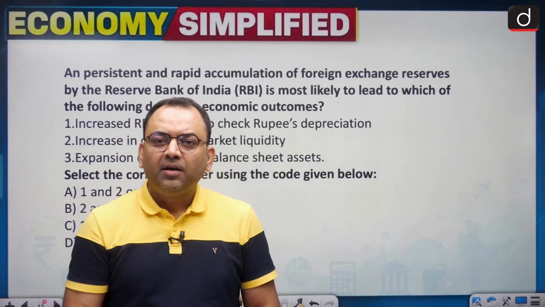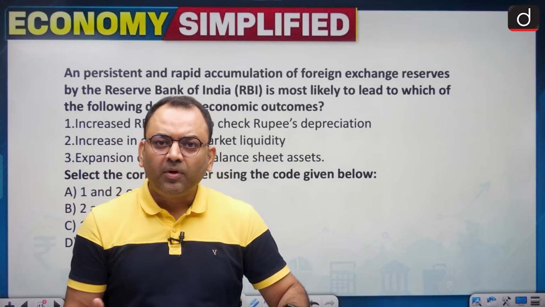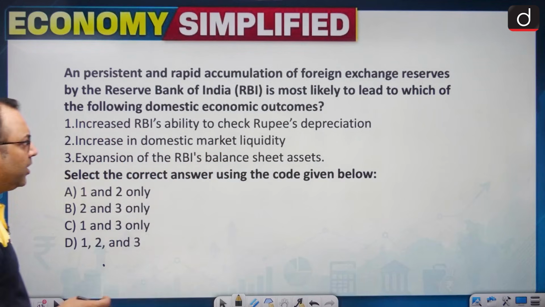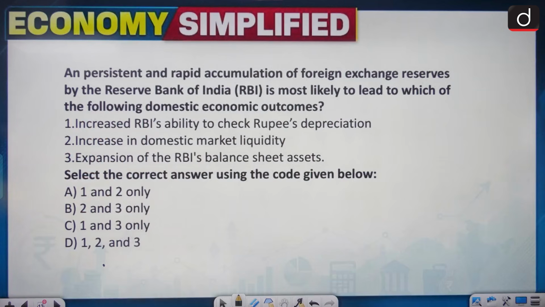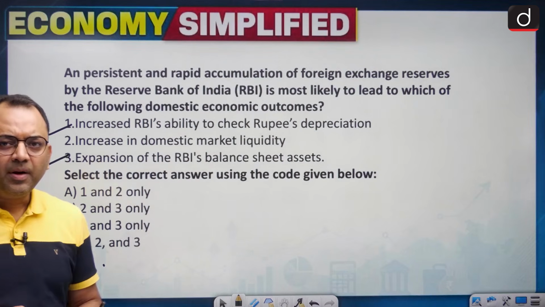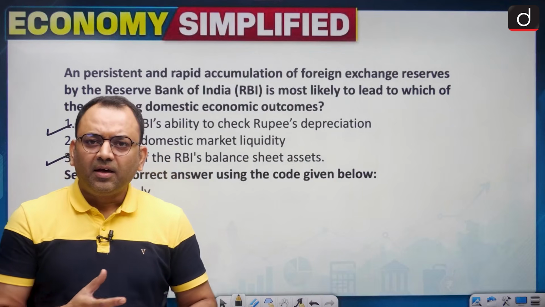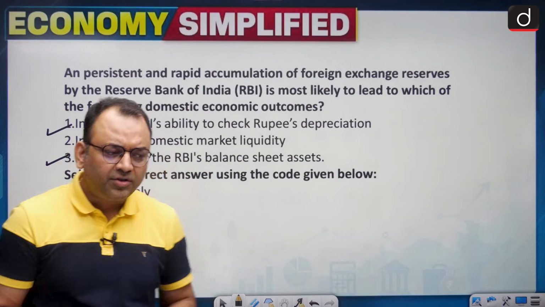As a result, the dollar's price will decrease and the rupee will appreciate. So the rupee's depreciation will be countered, and this is correct because with high forex, RBI's ability to check rupee depreciation will increase. This will also increase the RBI's balance sheet, because the forex is maintained by RBI, and the forex increase will add to RBI's balance sheets.